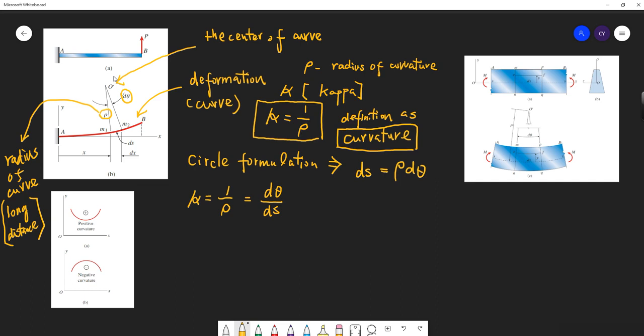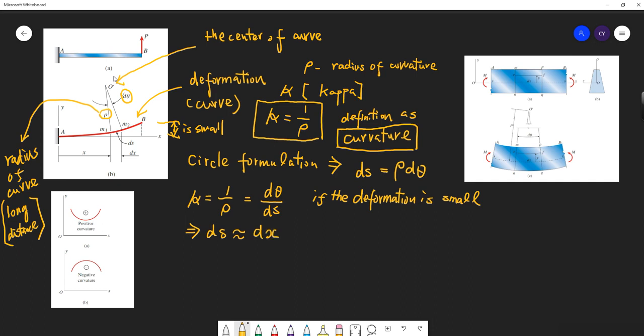And if the deformation is small, most of the time it is small, so we will get ds almost equal to dx.